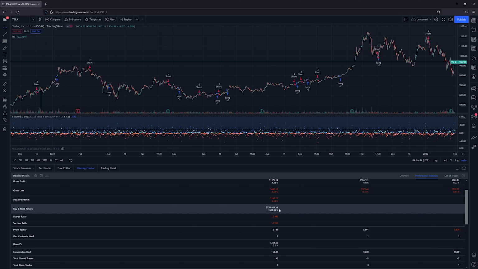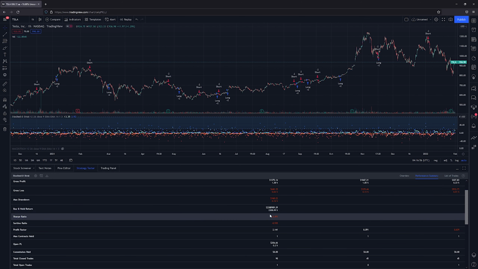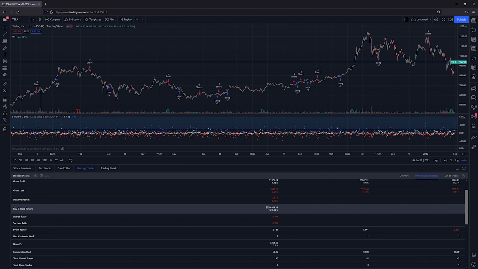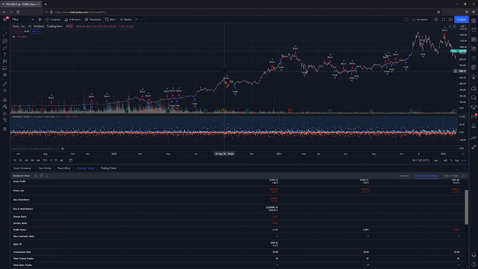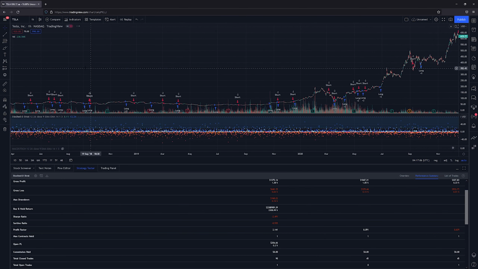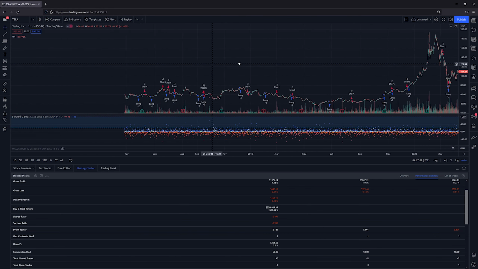And what this shows you is how much you would have made if you would have just bought one share and held it. Now, the 2,309% return sounds amazing, but that's because our chart goes back for quite a ways.